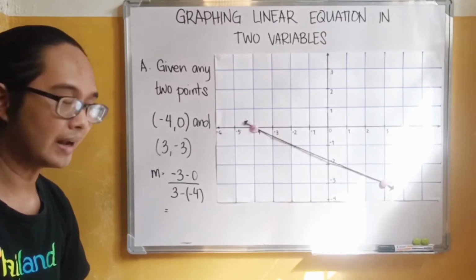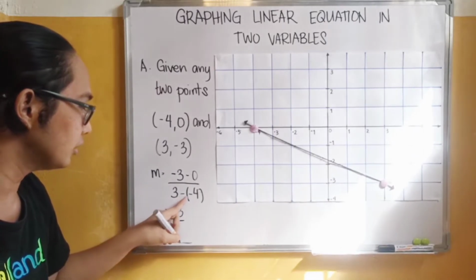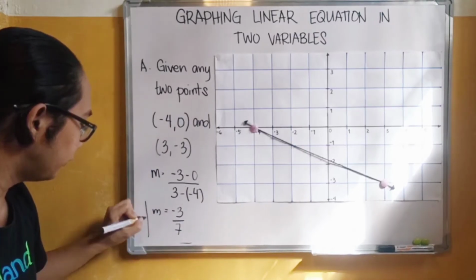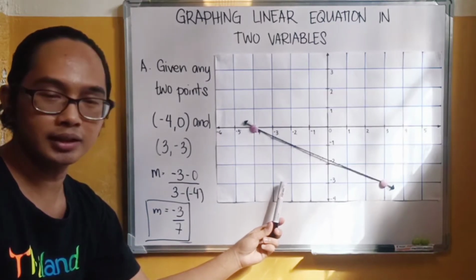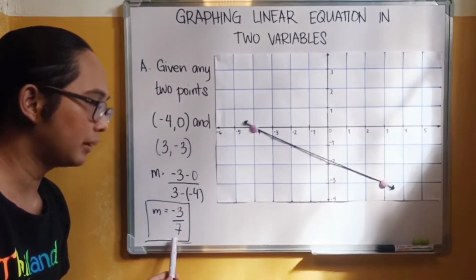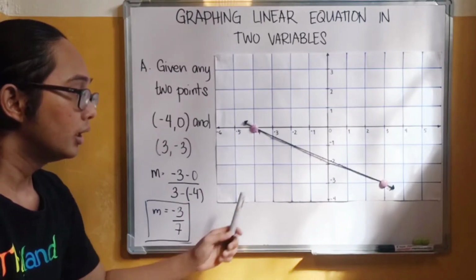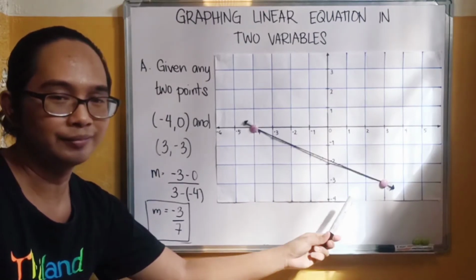And then let's simplify. Negative 3 minus 0 is negative 3 and 3 minus negative 4 is positive 7. Therefore, the slope is negative 3 over 7. By the linear equation, it describes that the slope is negative 3 over 7. And since the slope is negative, it shows that our linear equation is decreasing from left to right.